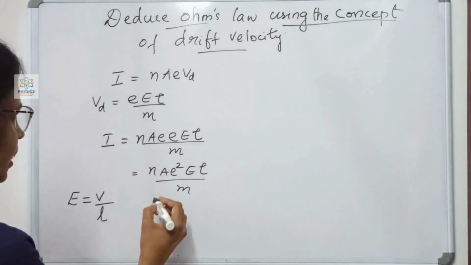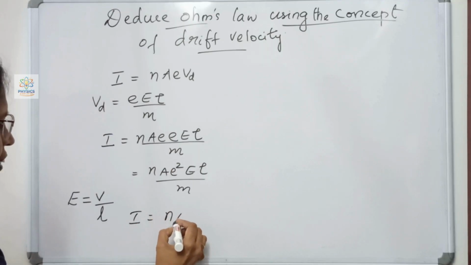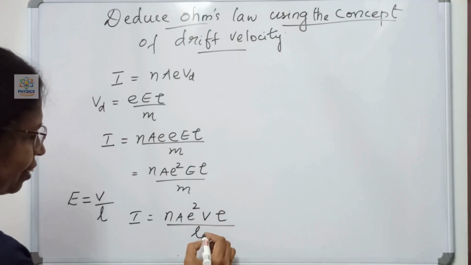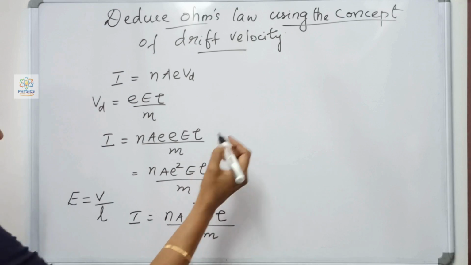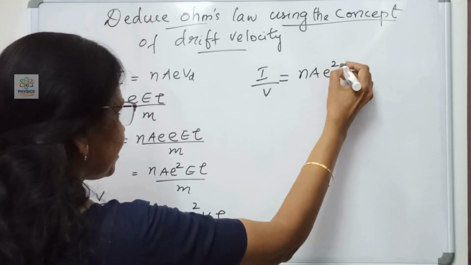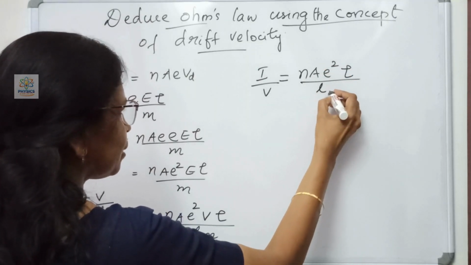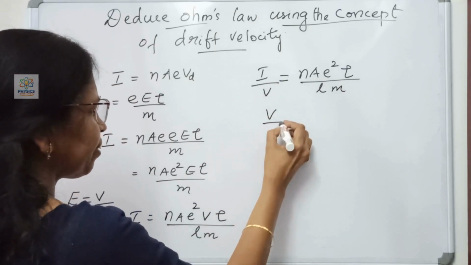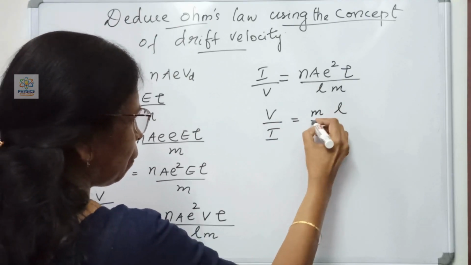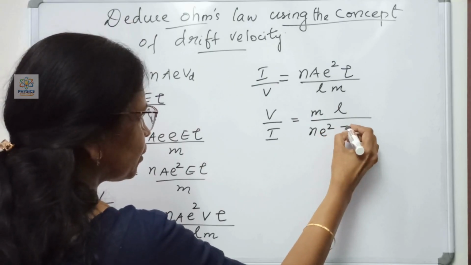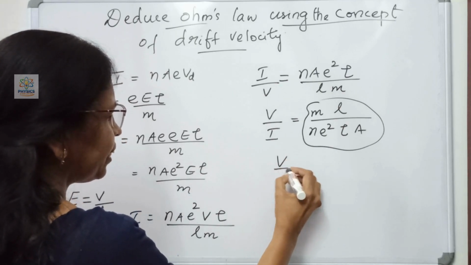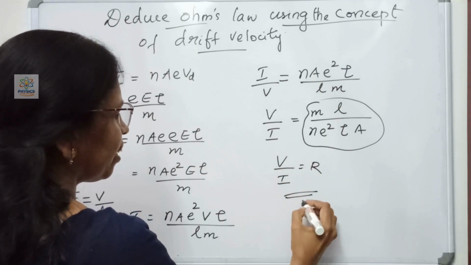So you can write the equation as I is equal to NAE square V tau by L into M. You can write I by V, which is equal to NAE square tau by L into M. The same equation we can write V by I is equal to M L by N E square tau into A. If we consider this as a constant, we can write V by I is equal to R. This is Ohm's law.